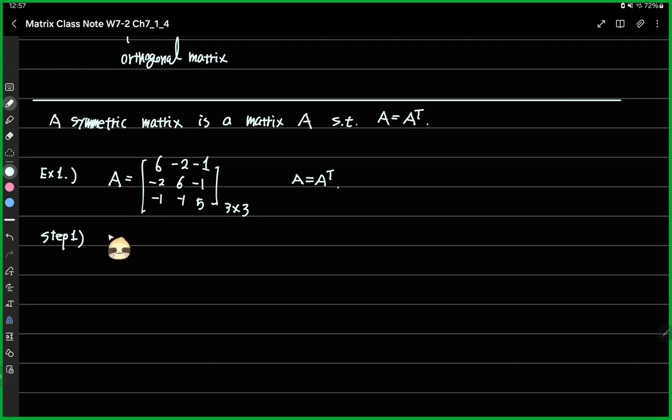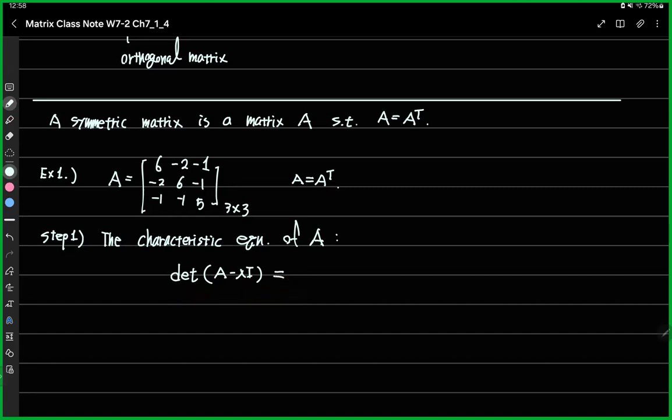The characteristic equation of A is: we do A minus lambda I, and then we compute this.